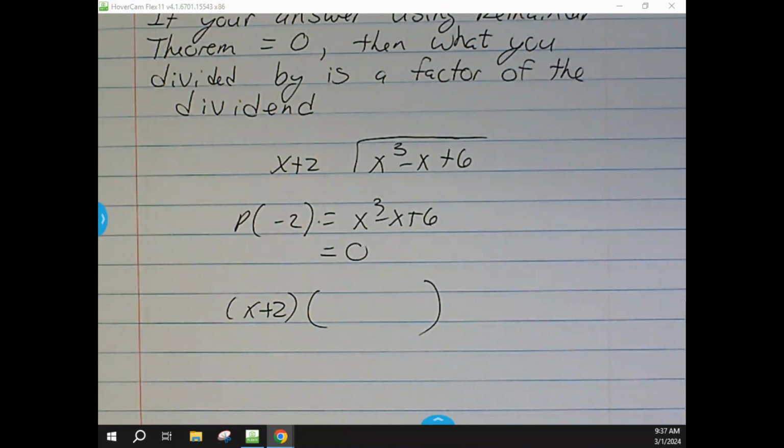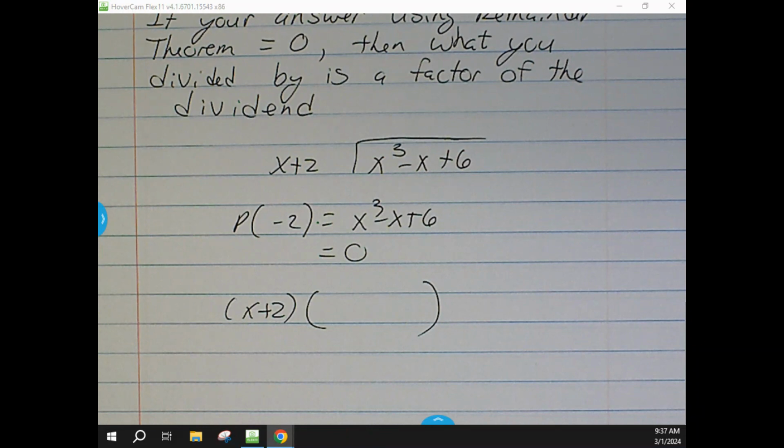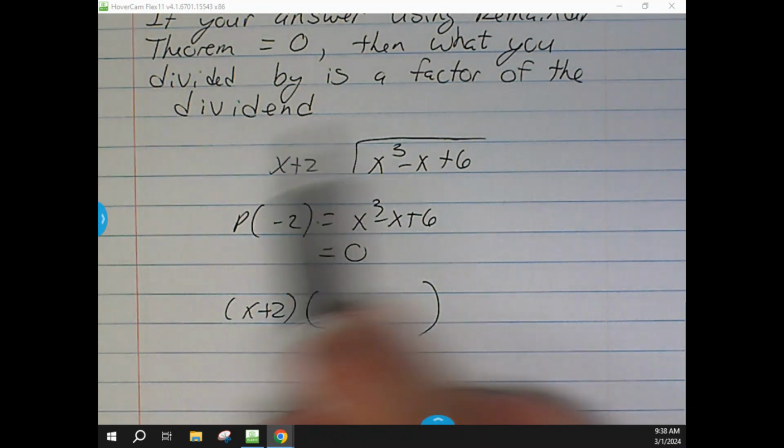So here's what we'll do, and here's how this would set up. Actually, y'all go ahead and do synthetic division on that one. Here's a practice one. Do synthetic division with this problem and see what you get.